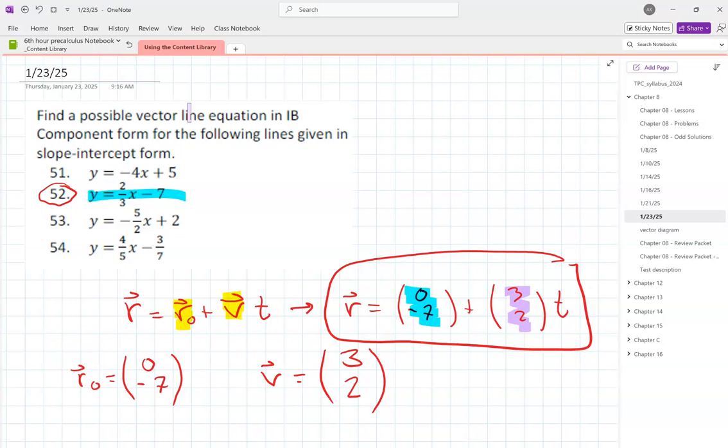If I multiplied it by 5, still works. If I multiply it by -2.6, still works. So that's why it says a possible, because there's infinitely many possibilities. Why you would write any one other than this one would be beyond my comprehension, but it wouldn't have been wrong. But boy, you're making extra work for yourself, and I'm not into that.